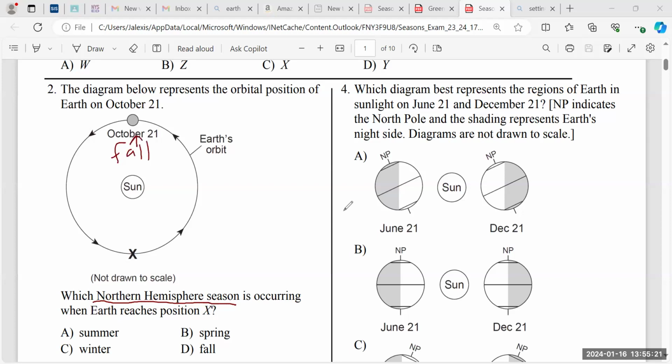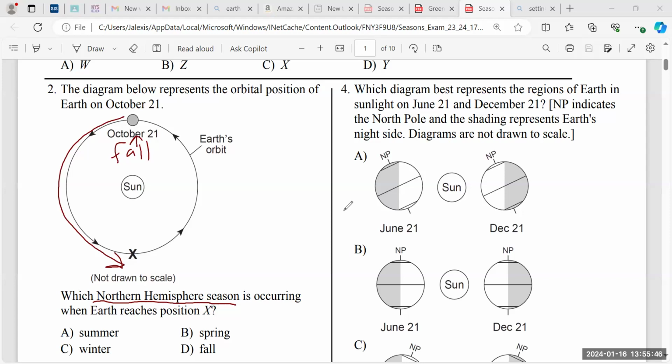And we know that to complete the entire cycle is going to take one entire year. So because I know this, if it's fall right here, we just traveled half the cycle. So if we traveled half the cycle, that means we're moving half of the year.